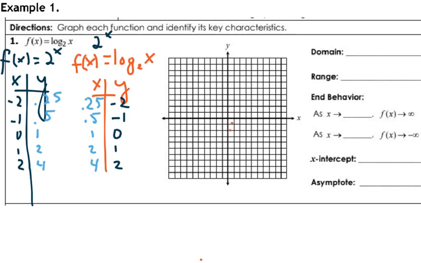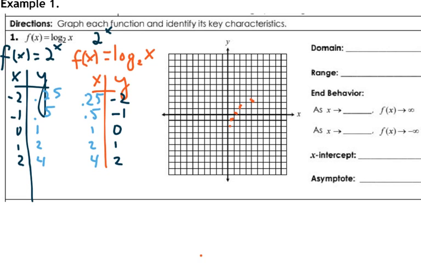At x 1, y is 0 right here, at x 2, y is 1, and at x 4, y is 2. Let's connect the dots to get the curve. The graph is approaching the y-axis. So this dotted green line is my asymptote.